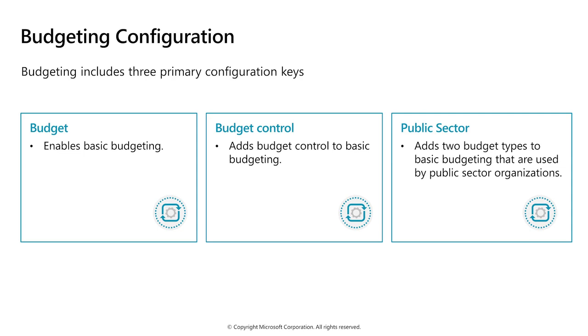Budget control includes budget types for pre-encumbrance and encumbrance, budget checking for source documents and accounting journals, and features such as financial dimensions that are defined for budget control, over budget permission for user groups, and the budget funds available calculation. The public sector configuration includes the preliminary budget and appropriation budget types.